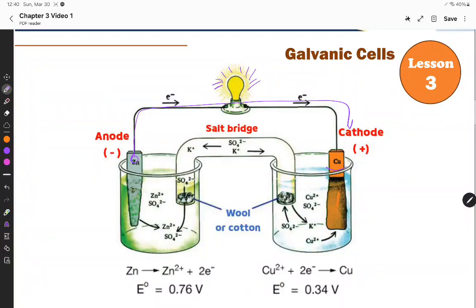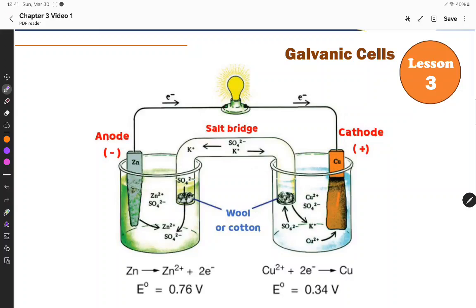We have two electrodes with different reduction potential, and when the electrons flow from the anode to the cathode, this will cause the production of electricity. And that is why galvanic cells produce electricity, because they have different electrodes with different potential, and the electrons flow from the anode to the cathode, which causes the generation of electricity in this case.